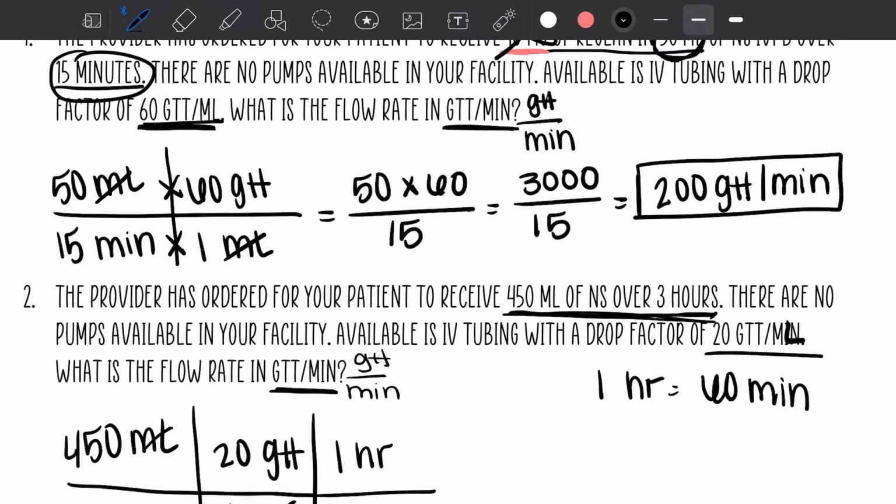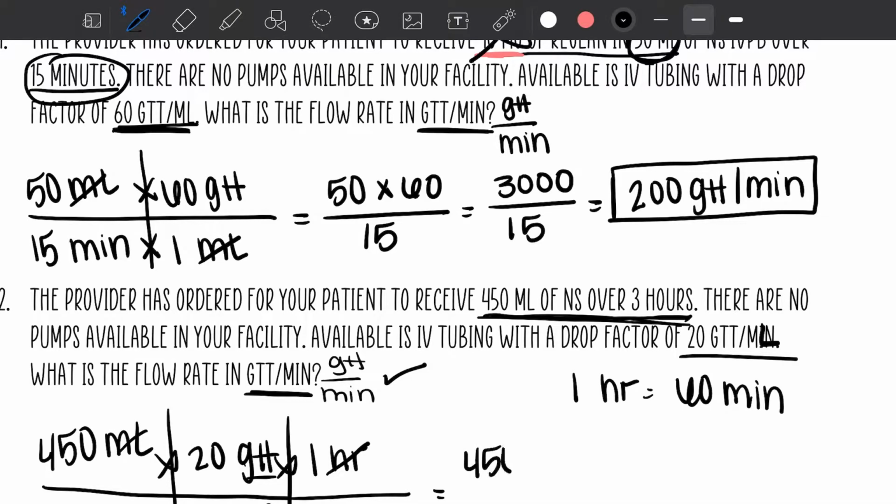So our hours cross out, and now we're left with drops over minute, which is what I need, so I can go ahead and multiply across the top and the bottom. 9,000 divided by 180. Which is going to give me 50 drops per minute.